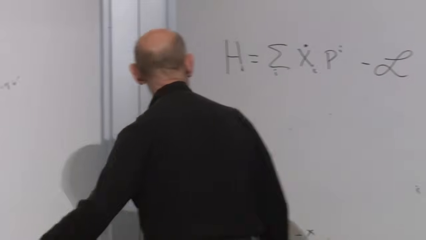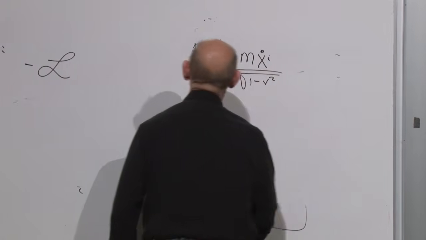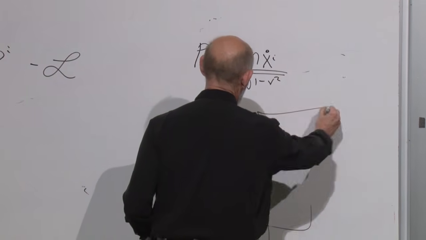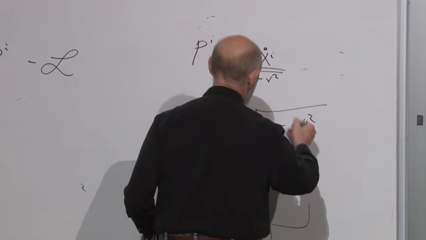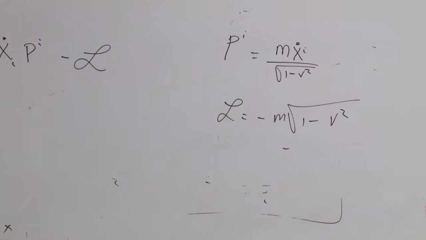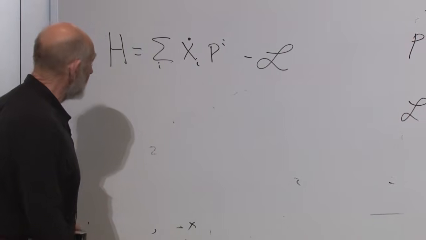I'm just going to use it the way it is here. P sub I is that. And the Lagrangian is minus m square root of 1 minus v squared, where v squared means vx squared plus vy squared plus vz squared. That's the Lagrangian. We have everything we need now to calculate the Hamiltonian, or what is essentially the energy.